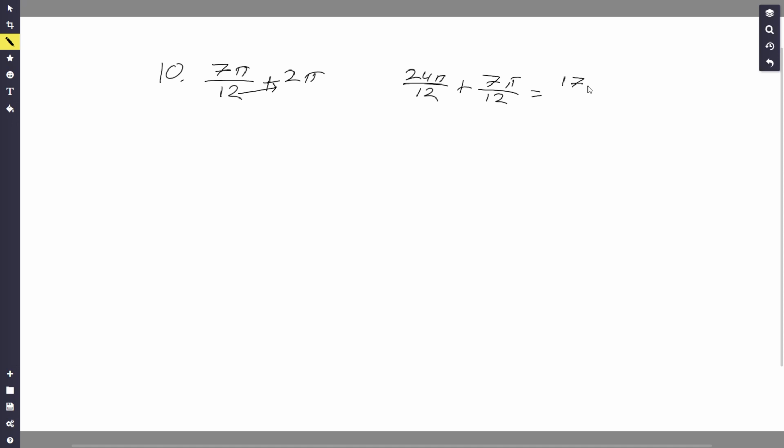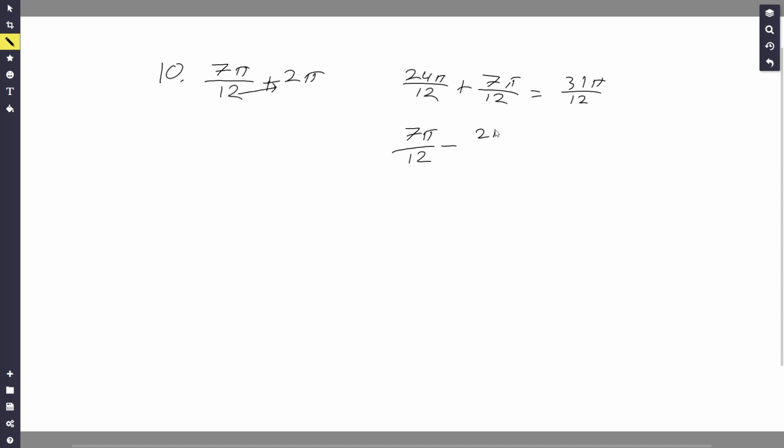17 pi over, nope, not 17 pi. Oopsie daisy. 31 pi over 12, and that can't be simplified. And then same thing, 7 pi over 12 minus, this time subtracting to get a negative coterminal angle.